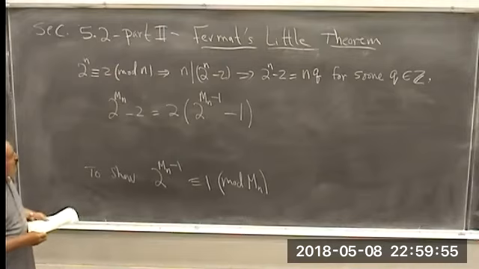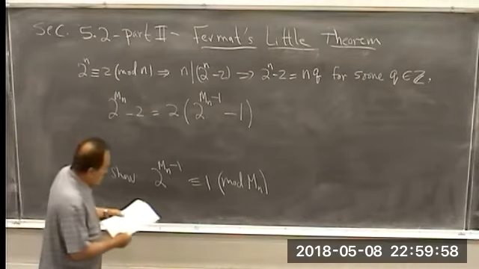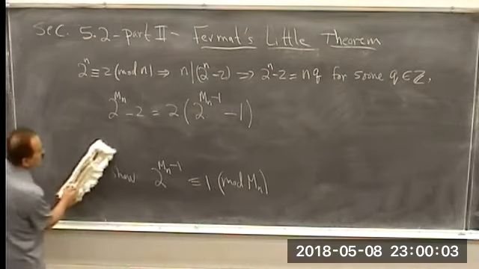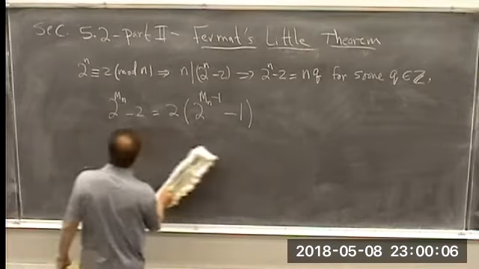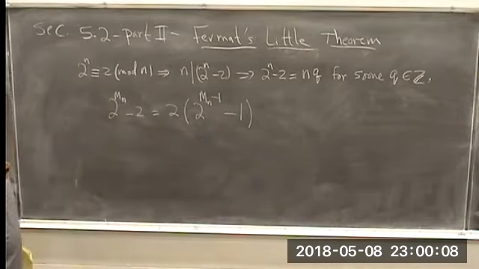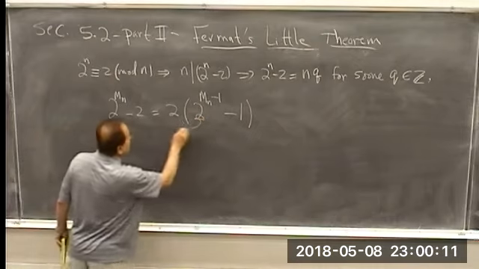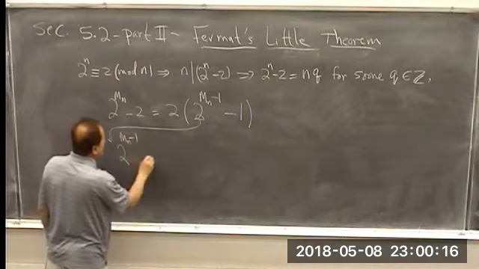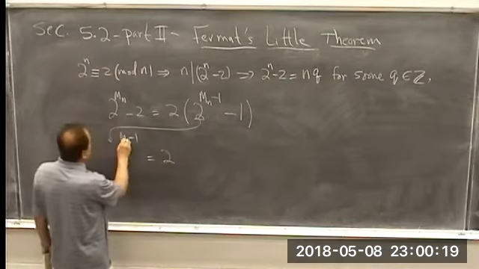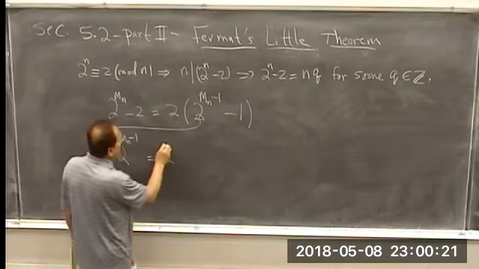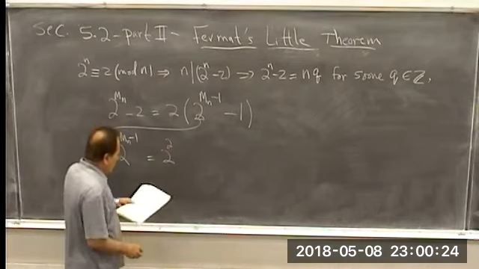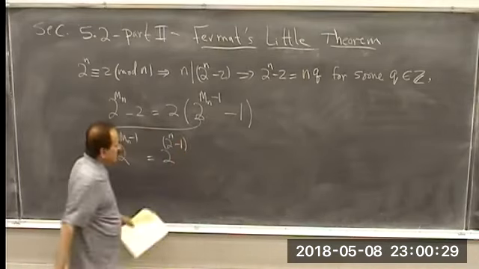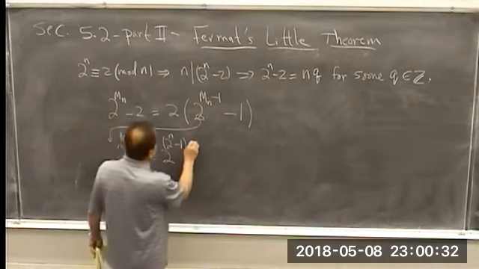We're going to work on this 2 to the power m sub n minus 1. Okay, so we're going to consider this. Well, the m sub n is, remember, equal to 2 to the n minus 1, and then also minus 1.